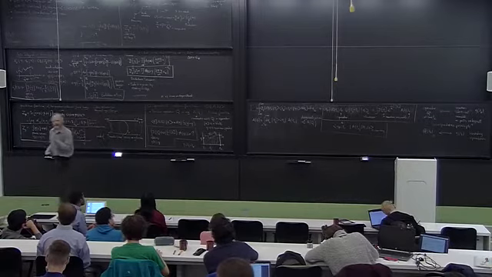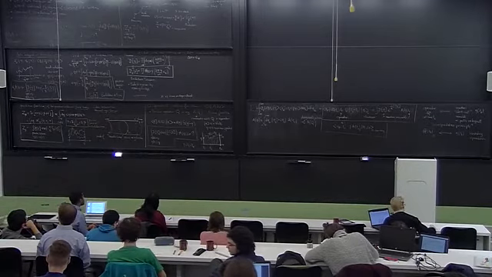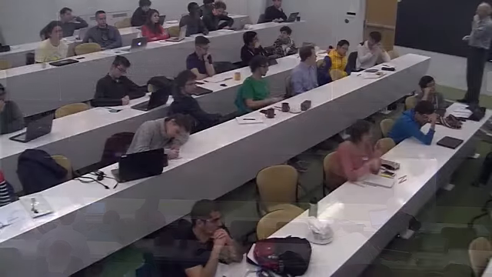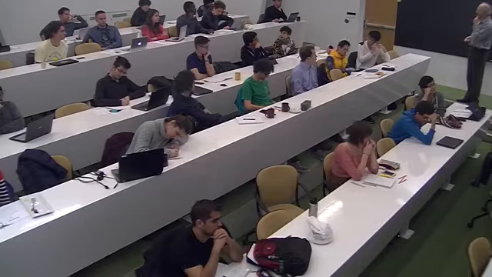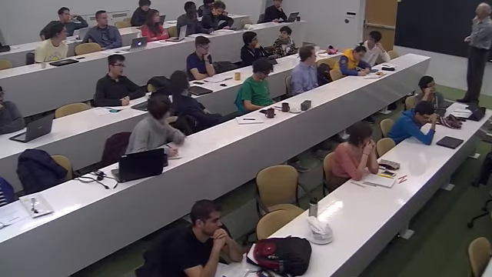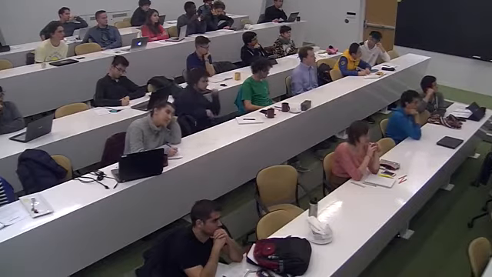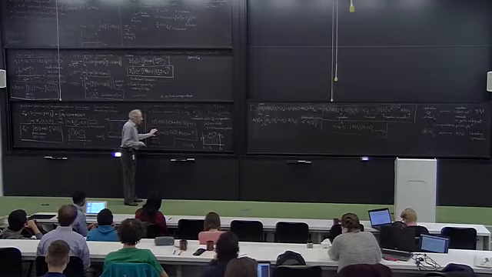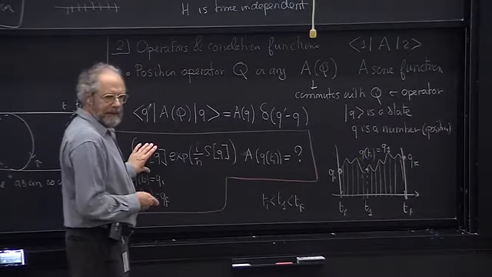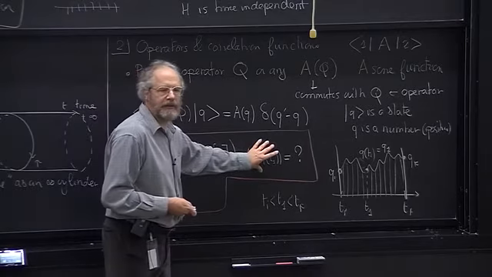Yes? Are you assuming normalization of the integral dq exponential i over h bar S of q is equal to 1? Yes. So do you think there is a problem of normalization? No, I was asking if you are assuming that it's normalized. Well, I told you I've not changed anything. So the normalization for this is the same as for the path integral with no insertion of this term.